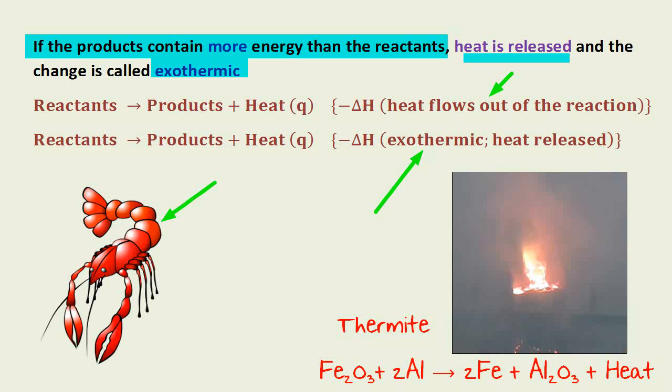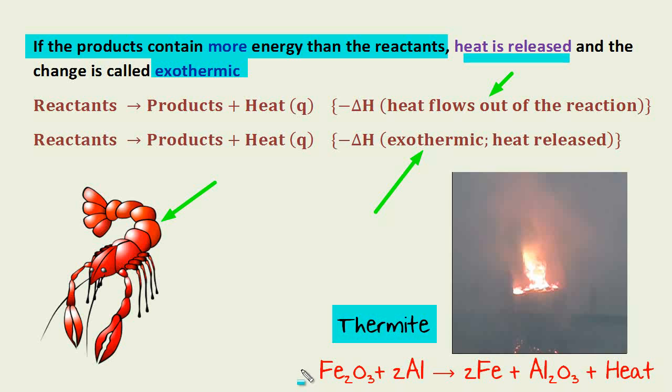Let's take a look at this thermite reaction here. And we know from the past that these are the reactants on the left. These are the products on the right. Since heat is on the right, it means it's a negative value always. Negative joules.